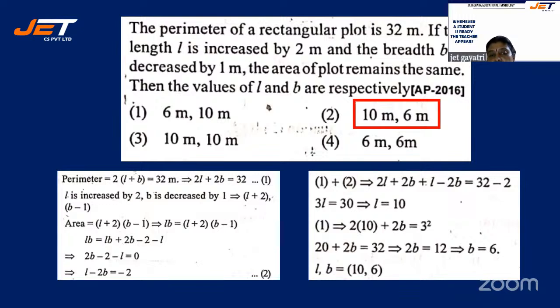You can substitute: (L + 2)(B - 1) is equal to length into breadth. By solving this, you get the length L to be 10, breadth to be 6. That is how your option 2 is correct.